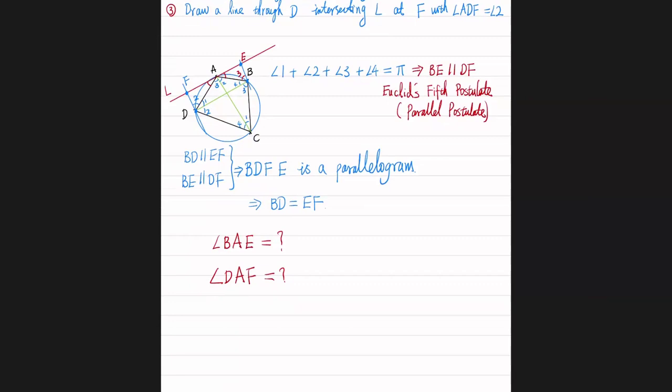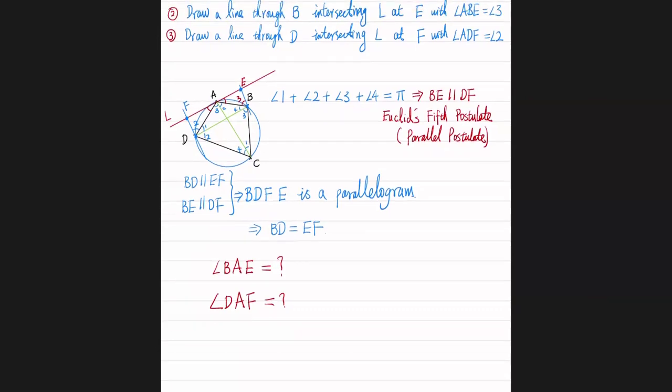Eric, at this moment, we don't need the circle anymore. I will erase the circle to make the graph easier. BAE is equal to angle 4.